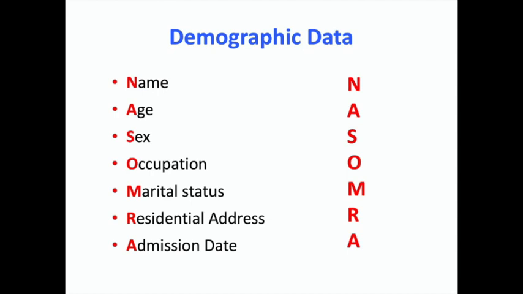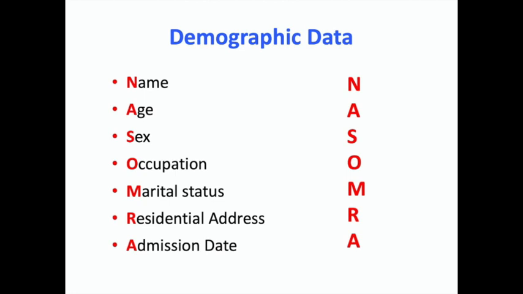So let me emphasize the demographic data of a patient. You always need to ask the name, age, sex, occupation, marital status, residential address, and when the patient came to you. All these are important in the long run when you have to manage the patient.